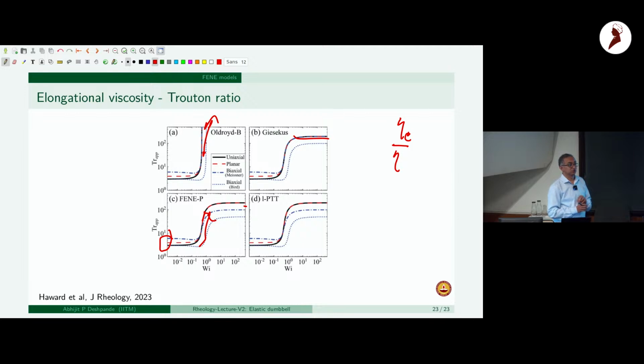So FENE-P and Giesekus are closer to many of the polymeric solutions and worm-like micelles, or many of the systems where you will see shear thinning in steady shear and strain rate thickening in extensional flow. So they can predict both. But there is no strain rate thickening in shear flow, none of these models.